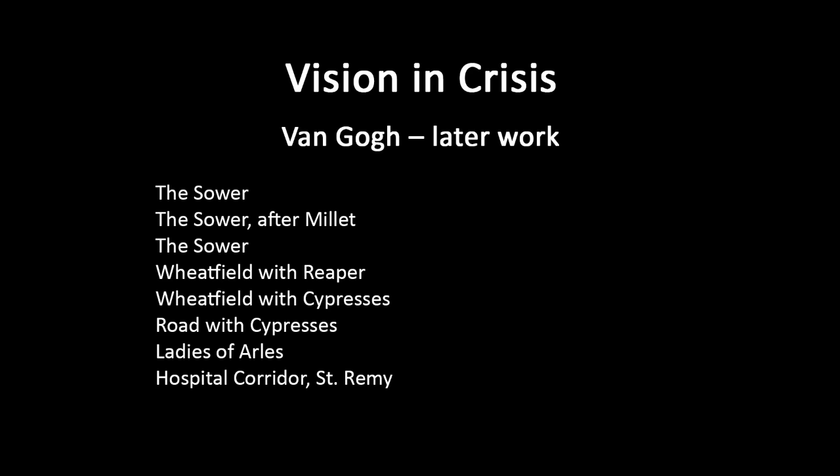Another work with the Sower theme by Van Gogh. Again, you have the sun setting, that same theme. This is actually a little earlier. So he painted this during the summer.